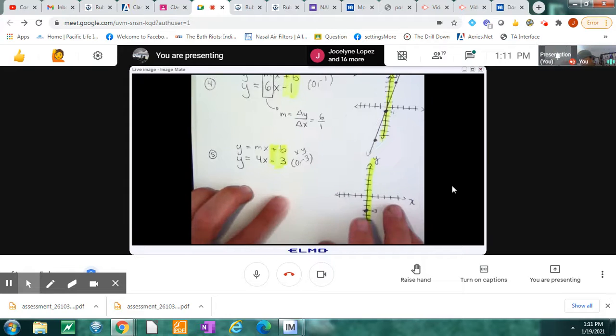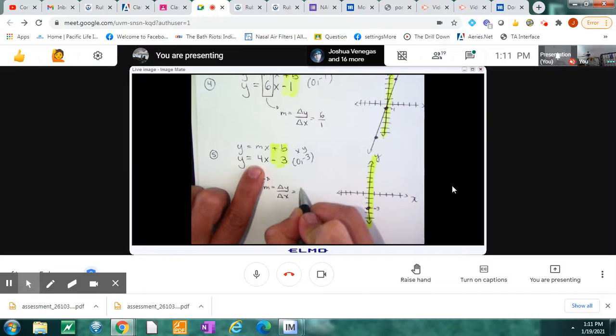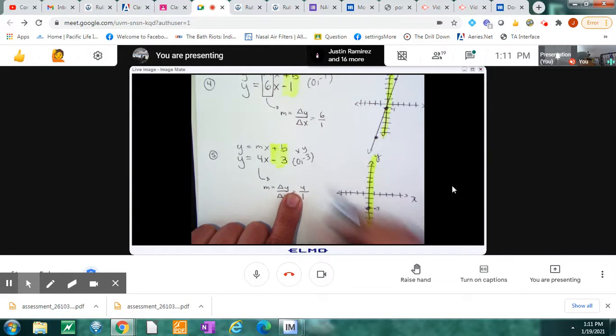All right, so now we're going to do what? The m is the change in y over the change of x, which is what? 4 over 1, right? 4 over 1. So now remember, y is up or down, so since it's positive, it's going to go up, and then 1 to the right. So here we go. Ready?